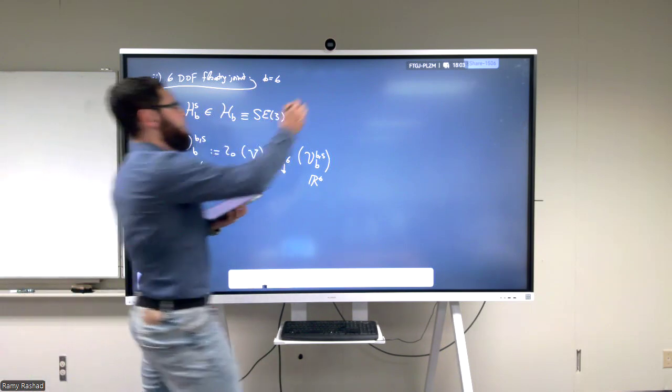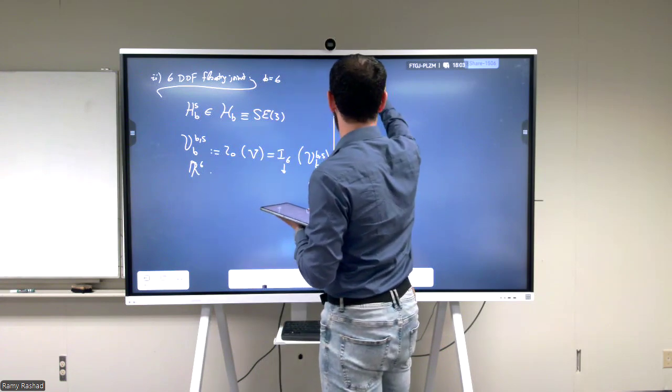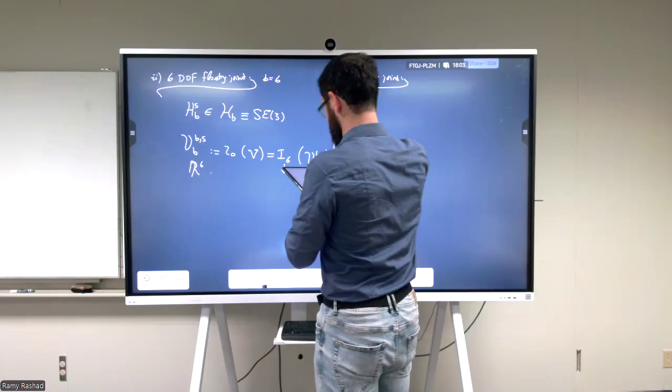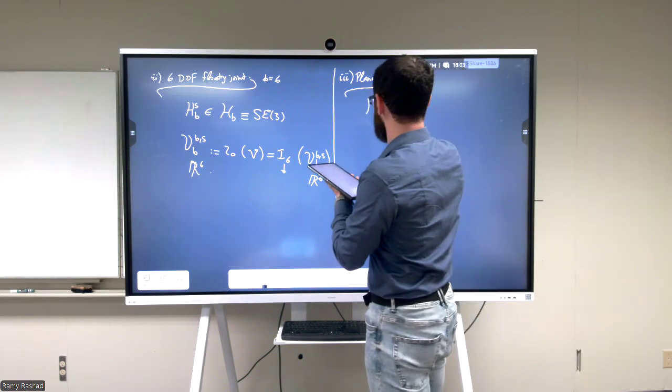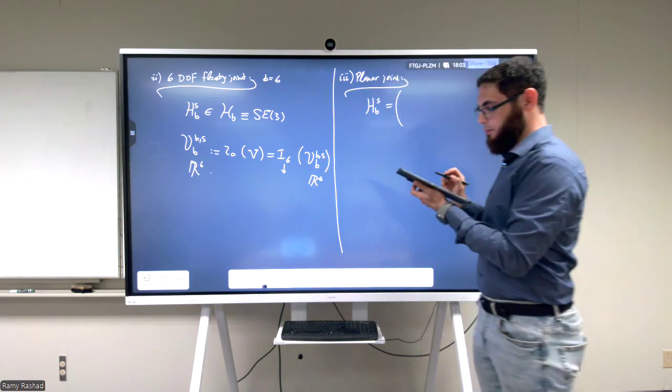The interesting one is the third one, which is when you have a planar joint. So when we have a planar joint, H_B, the H of B with respect to S, is given by something that looks like this.